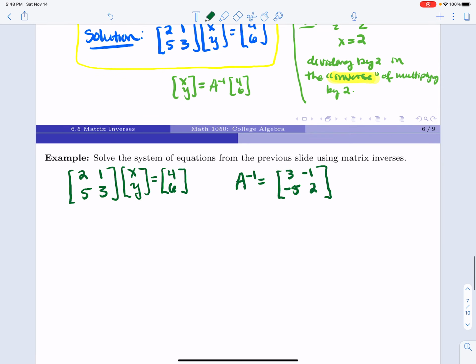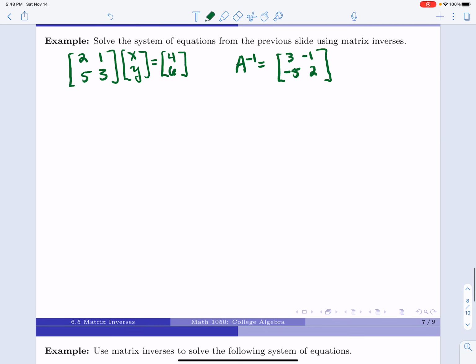Okay, so we want to solve this matrix equation using our inverse matrix, which means we're going to multiply both sides of our matrix equation on the left by A inverse. And you'll see why it's important that we multiply our A inverse on the left side of the equation.